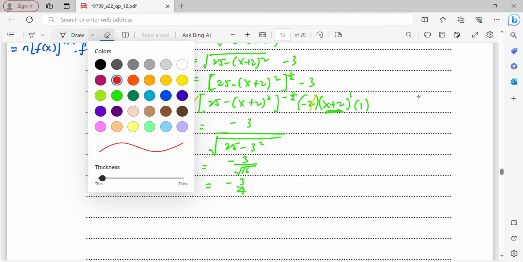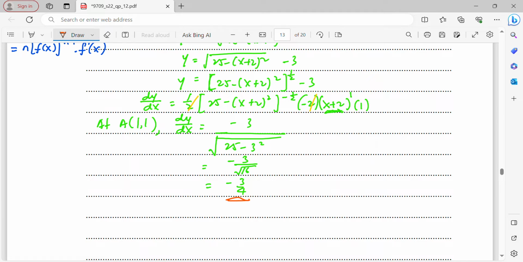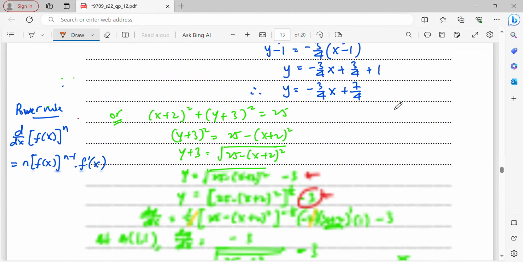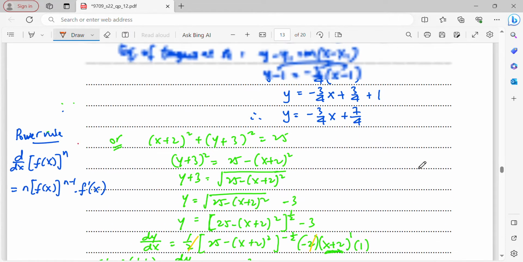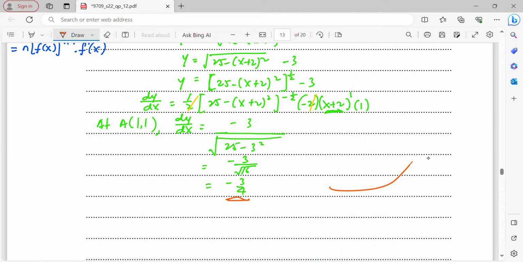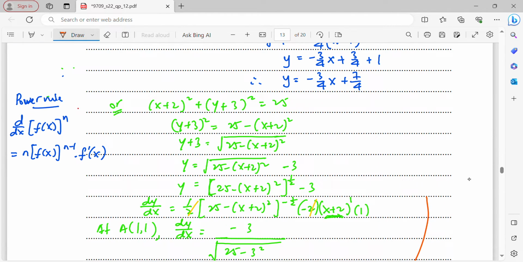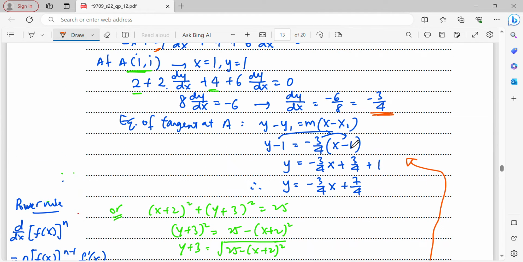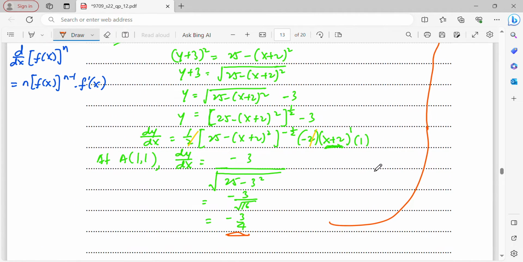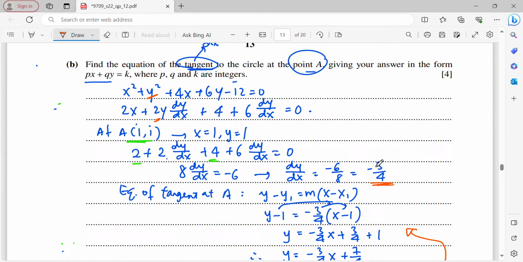So this negative 3 over 4 is same as just now. Okay, so after you get this step, then you just repeat this straight line steps. Okay, here I only show you the alternative to get the dy dx. Clear?